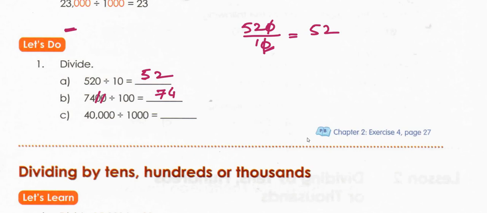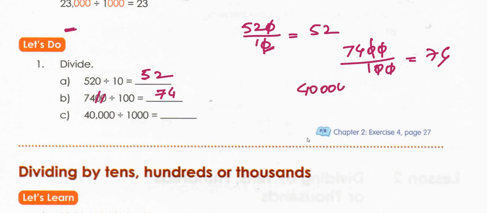But you should not do it like this. You should write down the question first, then convert that question into fraction form, and then cancel like this. 40,000 divided by 1000. You have 3 zeros. You cut down the 3 zeros, then it becomes only 40. In this way you have to do it.